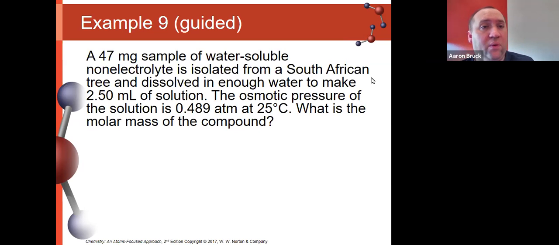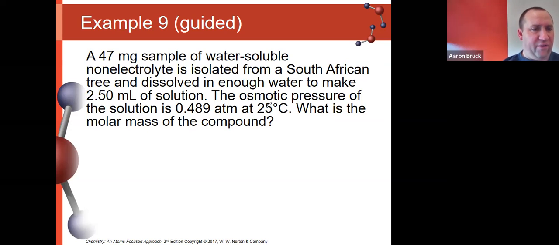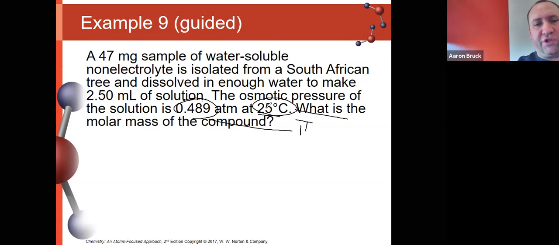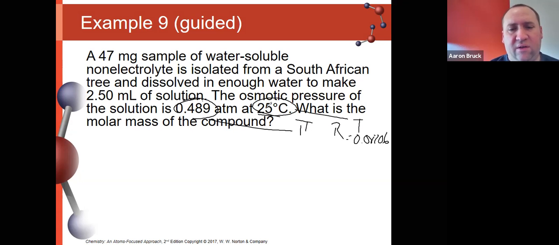From a standpoint of figuring out what we need to do, we need to break this down into parts. We have an osmotic pressure. We also have a temperature, and we can use the value of R, which since this is atmospheres, is the 0.08206 version of that constant.